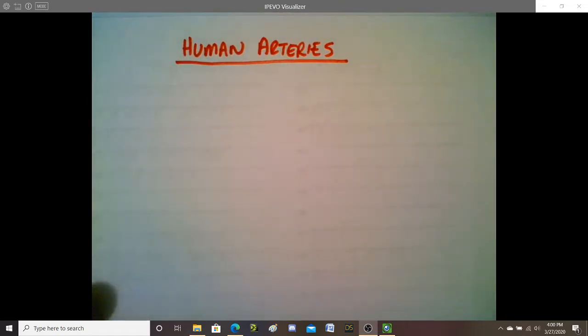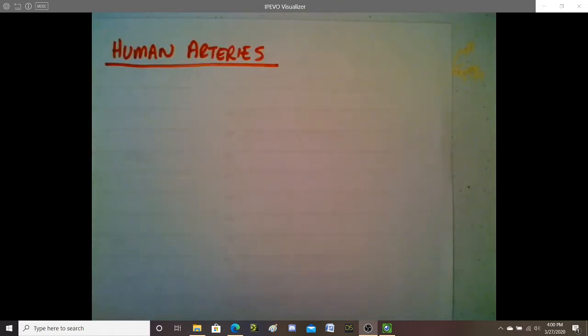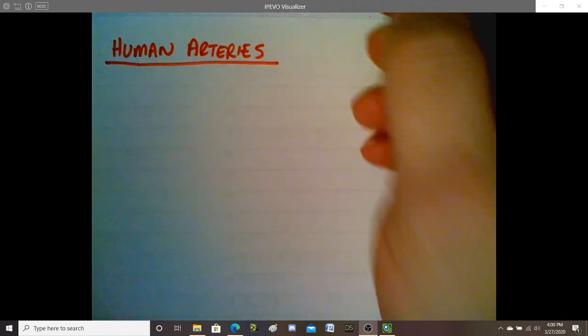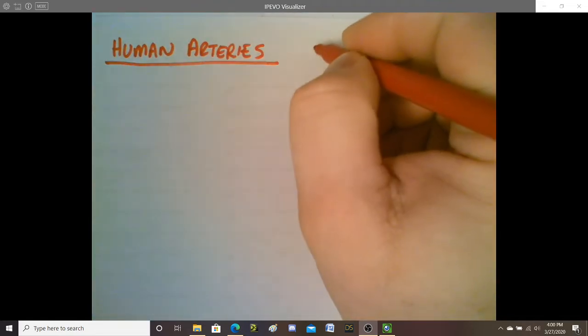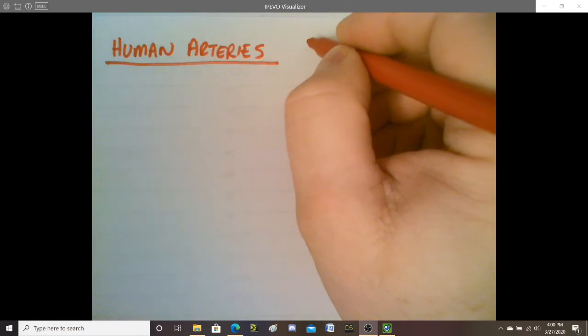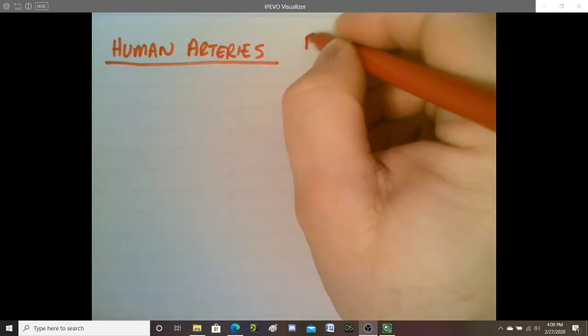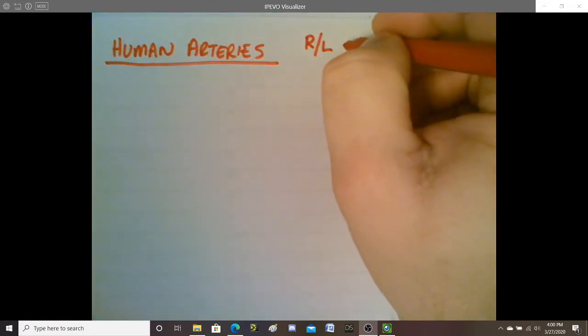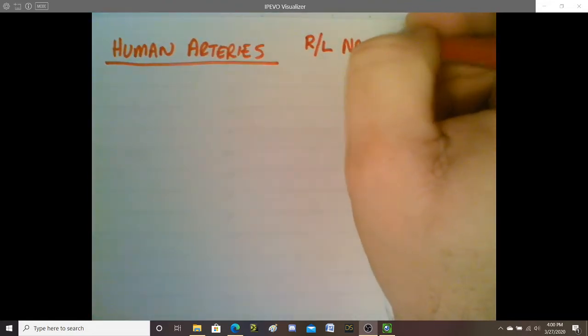Okay, now before we get started, I'm going to slide this over. It's really important that you understand that there are 3 parts to the answers when it comes to blood vessels. When you're naming blood vessels, you have to tell me if it's right or left. Then you have to give me the name of the blood vessel.